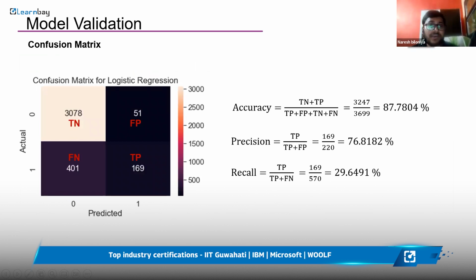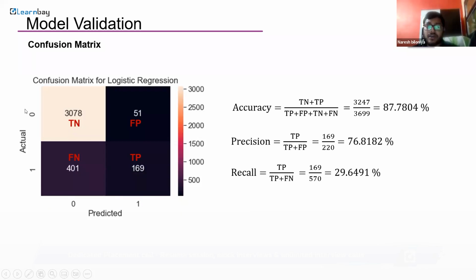With the help of this confusion matrix, we will validate our model also. Here we can see we have a true negative of 3078. True negative means the actual value was negative, 0, and our model also predicted 0. 0 represents negative, and 1 represents positive.